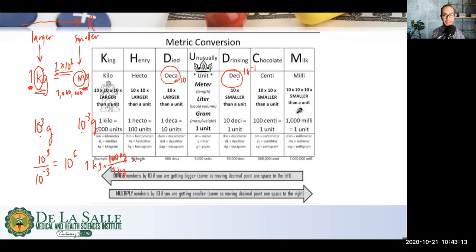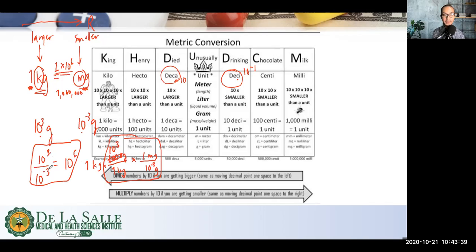Then we also know that 10 to the negative 3 of a gram is equivalent to 1 milligram. So let me replace this with 10 to the 3. This one actually came from dimensional analysis of this one.